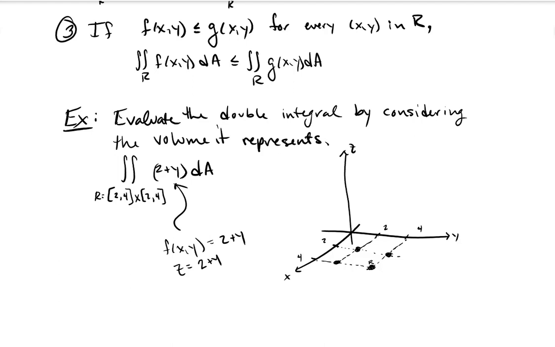So let me start drawing this in blue. If I look at (2, 2), plugging x equals 2, y equals 2 into this, you get 4. So let me draw a height of 4 at this point. That's our function value. At (4, 2), I still get 4. So let me draw the same height.